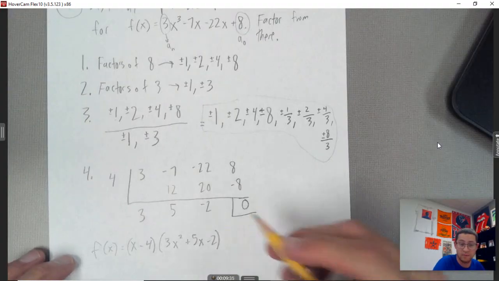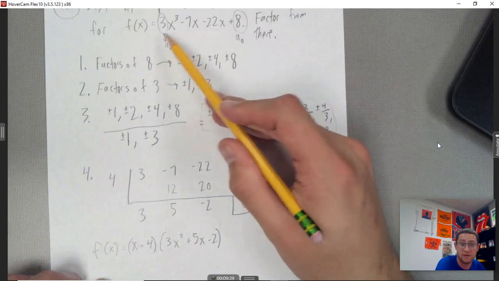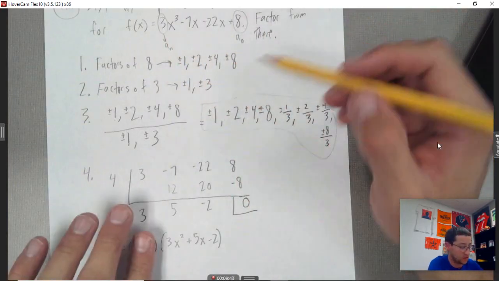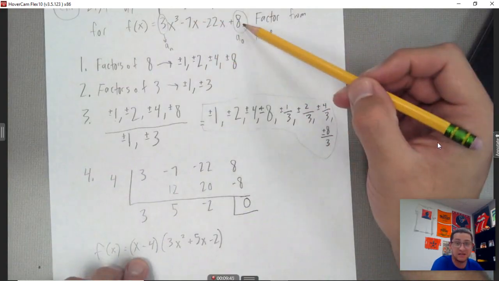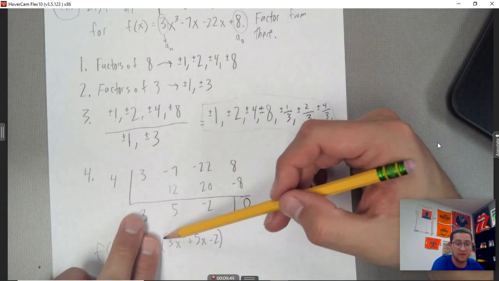That's what I have now for this polynomial. If it was just asking what this is divided by x minus 4, we would just have this part.